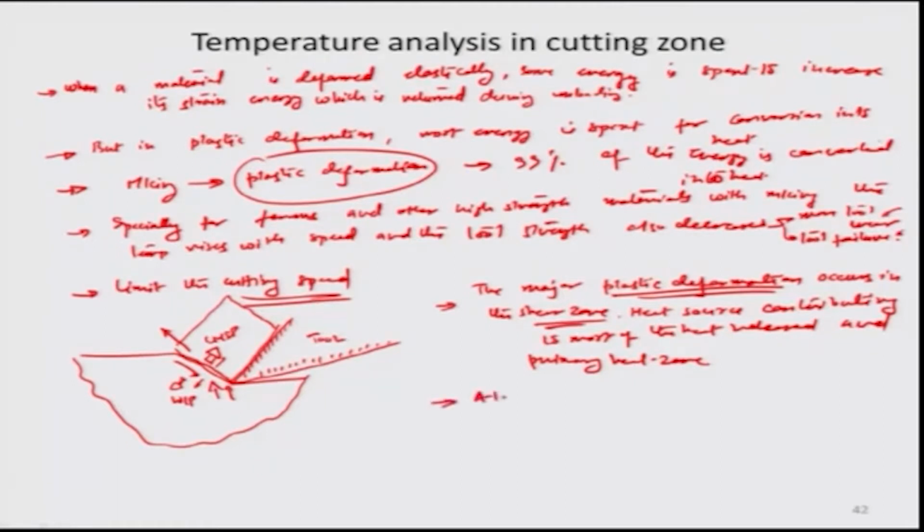Obviously, a large fraction of this heat goes to the chip, it does also flow into the workpiece, because workpiece is at a lower temperature, and wherever there are two different temperature states, heat flow would take place from the higher temperature to the lower temperature.